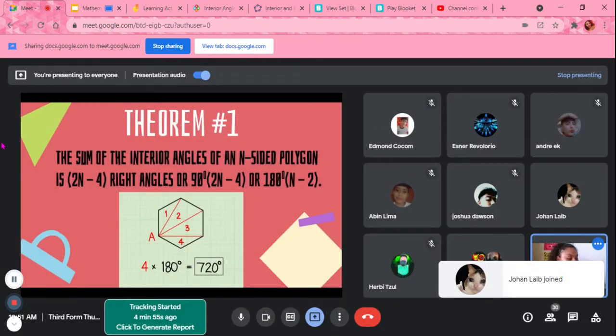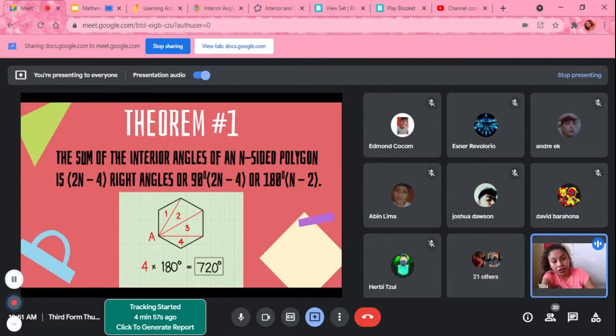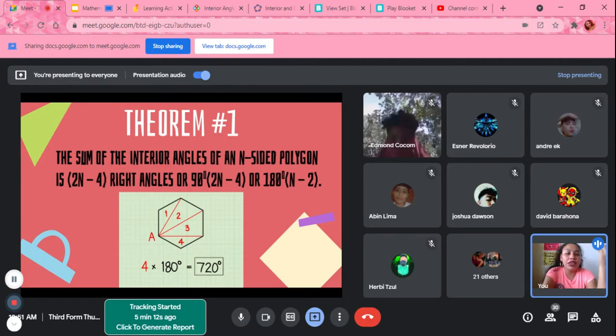N could be 3, 4, 5, 6, whatever number. Whatever number of sides a polygon has, this is what I'm going to be doing so that I can find the sum of the interior angles. The sum of the interior angles is how many degrees that shape has.